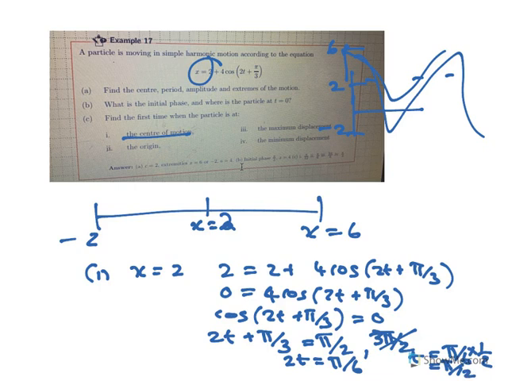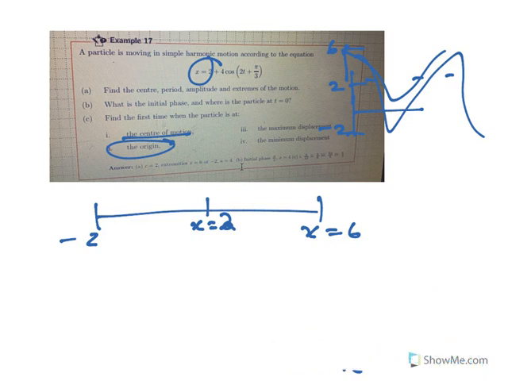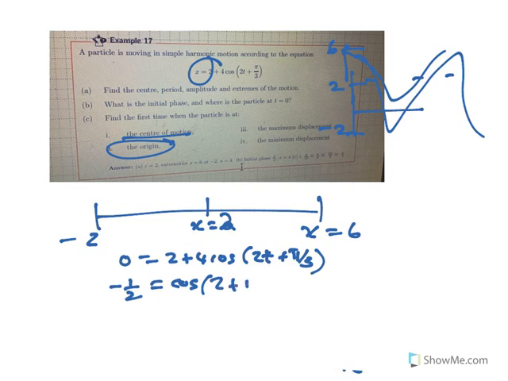So that's the centre. When is it first at the origin? So you just put 0 in, 2 plus 4 cos, 2t plus pi on 3. So that means you get minus a half equals cos 2t plus pi on 3. So cos is negative here and here. So we want when is it first there.